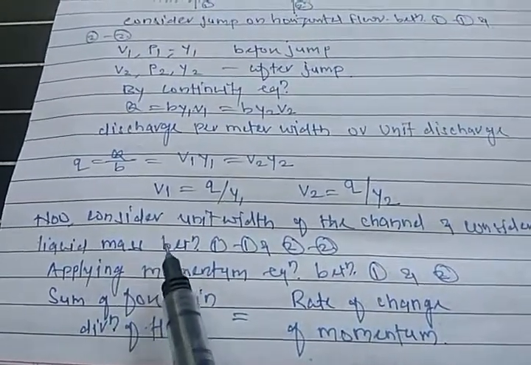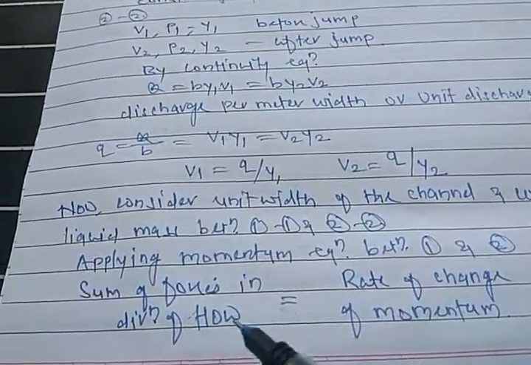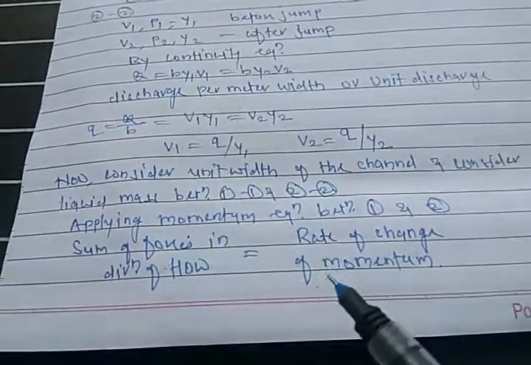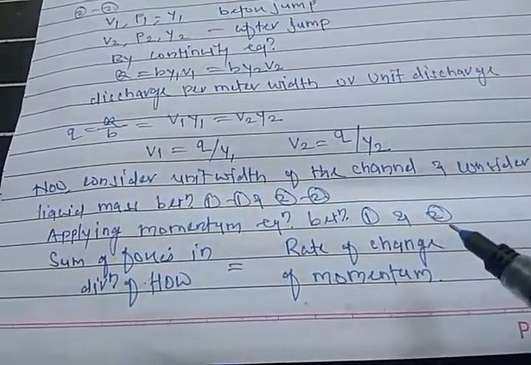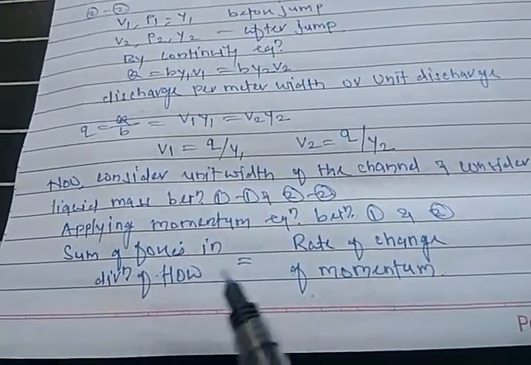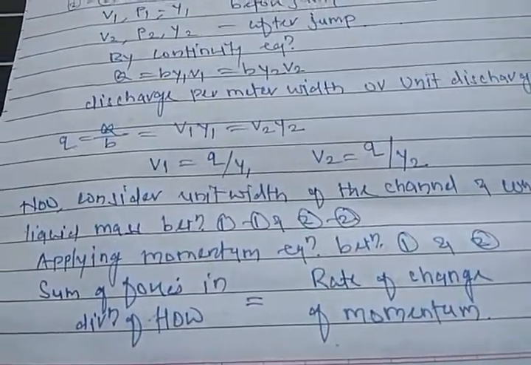Okay, now consider the unit width of the channel and consider the liquid mass between 1-1 and 2-2. So applying the momentum equation between sections 1 and 2, the sum of forces in the direction of flow is equal to the rate of change of momentum. This is simply the momentum equation.